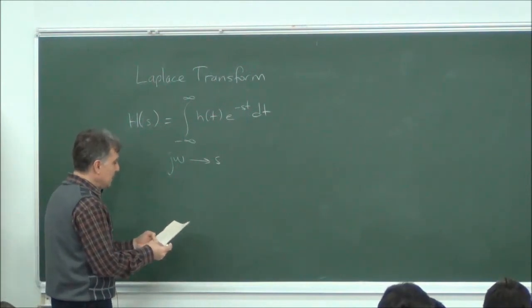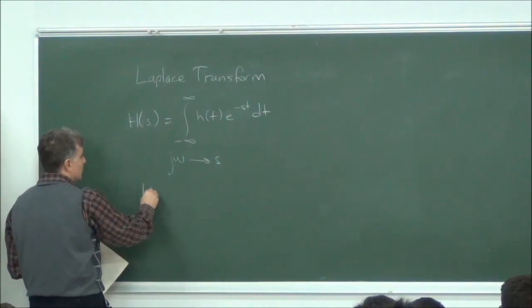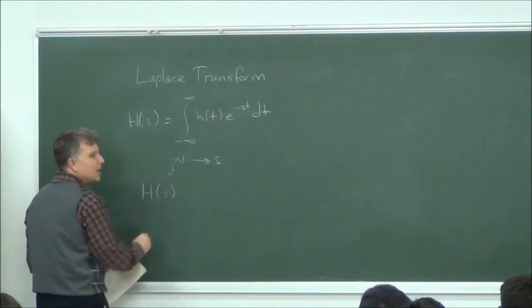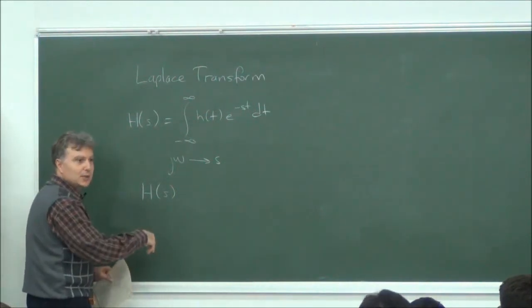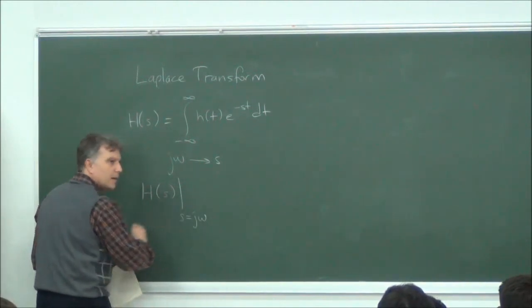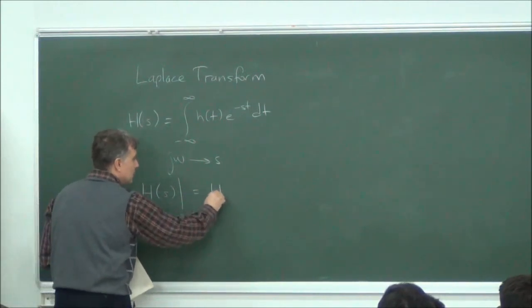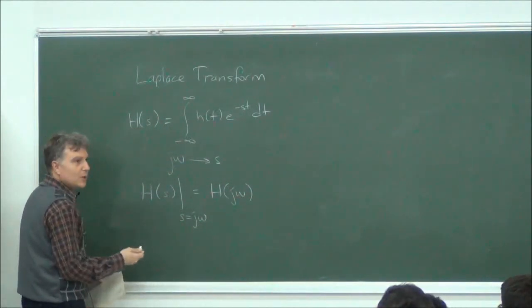But it's a bit more than that. The Laplace transform is a superset of the Fourier transform. It includes the Fourier transform only for s equal to jω. That will be equal to H(jω), the Fourier transform. But it is more than that.